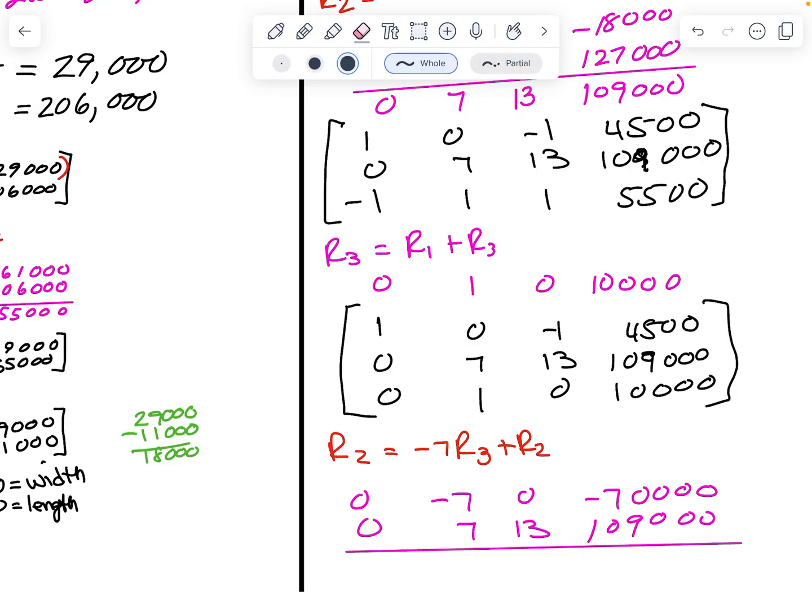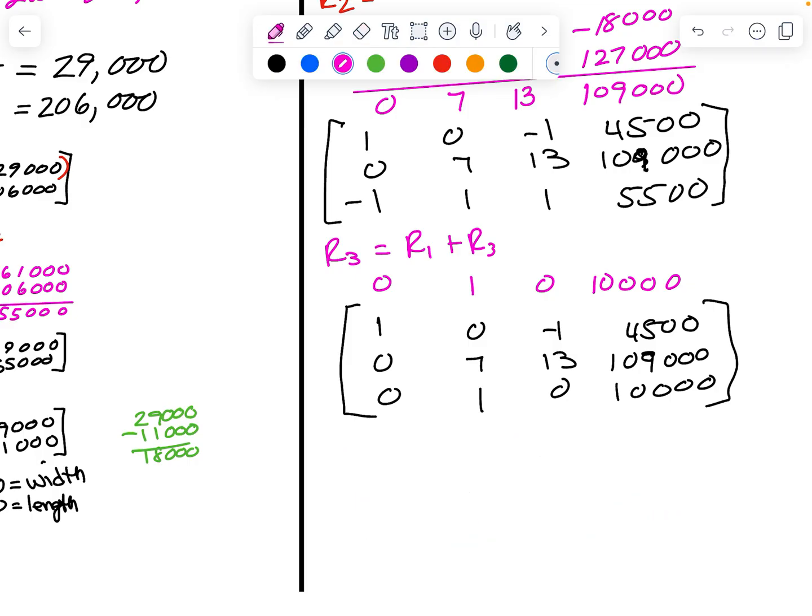Hang on. Let's not do that. My bad. I need that 7 to be a 1. So let's take row 2 to be 1/7 of row 2. We should have done that earlier, but we messed that up. So that's going to give me a 0, a 1, a 13 over 7, and 109,123 divided by 7. Please come out pretty.